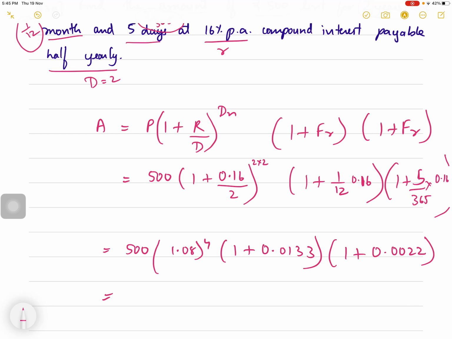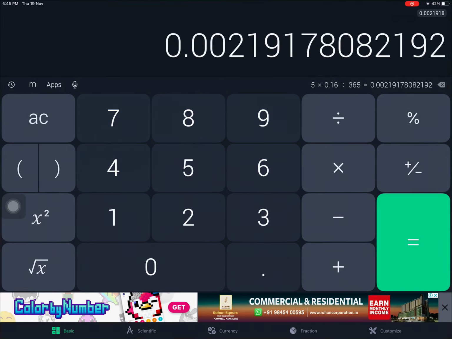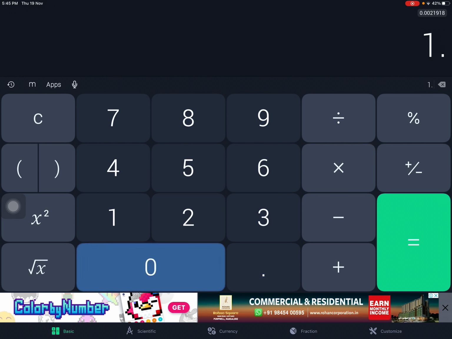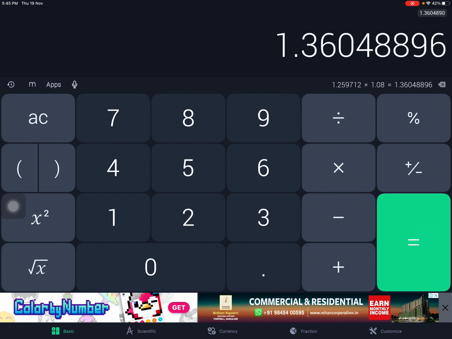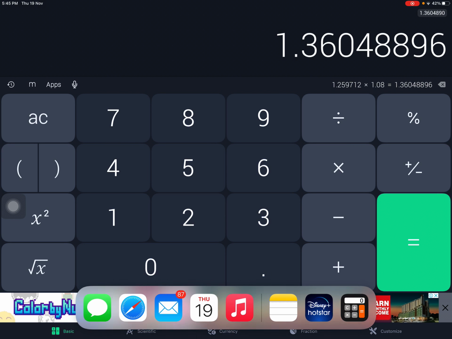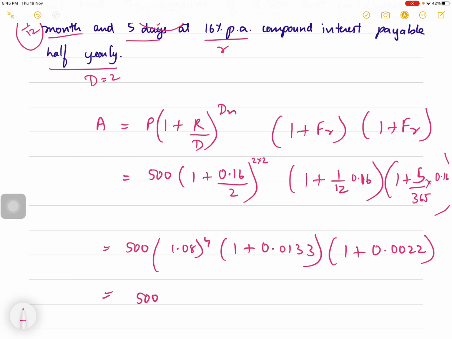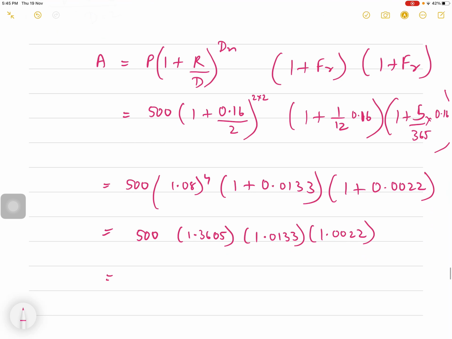Okay, so 500 into 1.08 raised to 4, which is 1.3605. Then 1.0133 and 1.0022. You multiply this, you will get the amount.